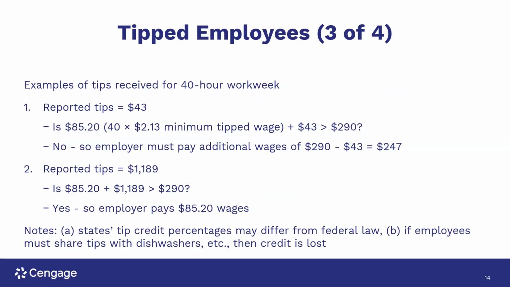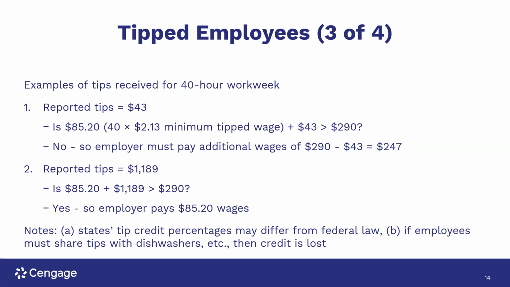And here's another example of tips received for a 40-hour work week. For example, receiving $43 in tips, that's less than $5.12 per hour in tips. So the employer has to make up the difference between the $290, which is 7.25 times 40.